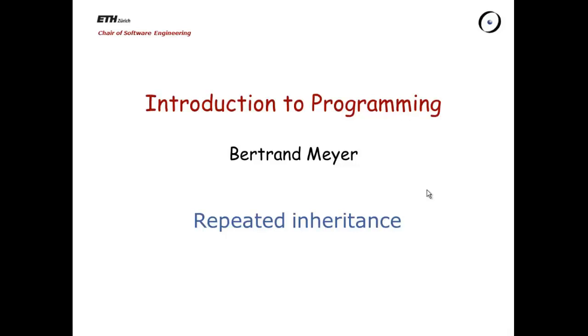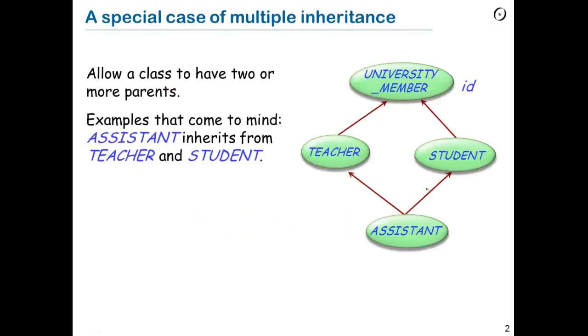For this review of inheritance mechanisms, there's one more case and one more construct that we need to see, having to do with repeated inheritance, which is also sometimes known as the diamond structure. So consider a situation like this, which really will arise as a result of multiple inheritance every once in a while.